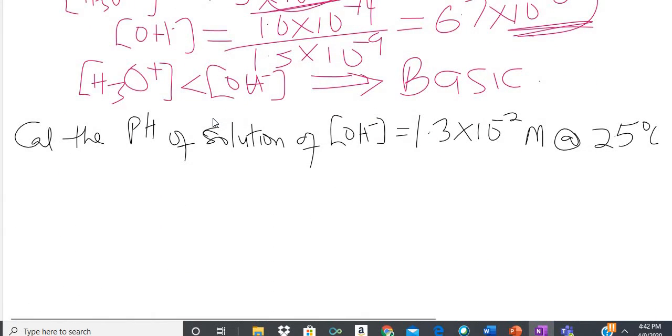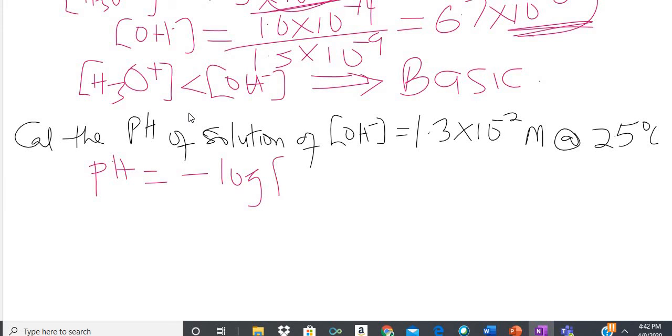The next one is we want to calculate the pH of a hydroxide ion concentration which is 1.3 times 10 to negative 2 molar at 25 degrees C. So the same thing, for us to find the pH, we know that pH is negative log of hydrogen ion concentration.